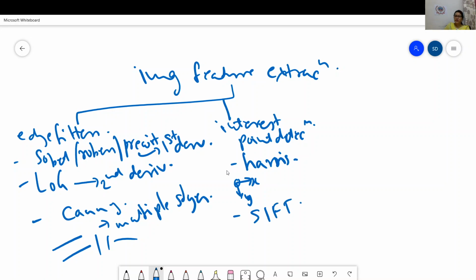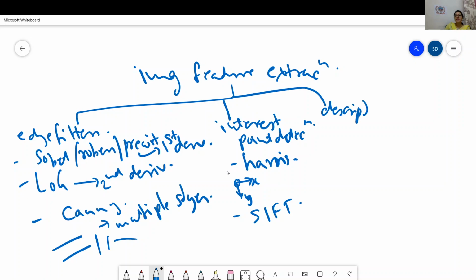We can say SIFT detector, because it also tries to find interest points. So we saw that also. And then we checked descriptors.